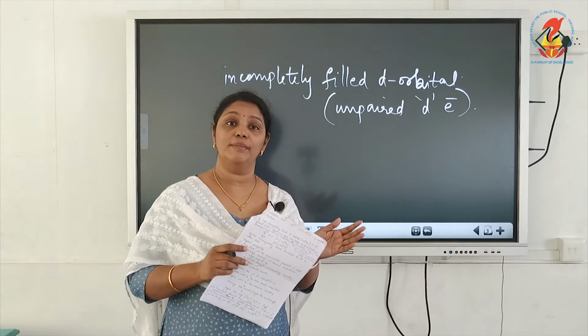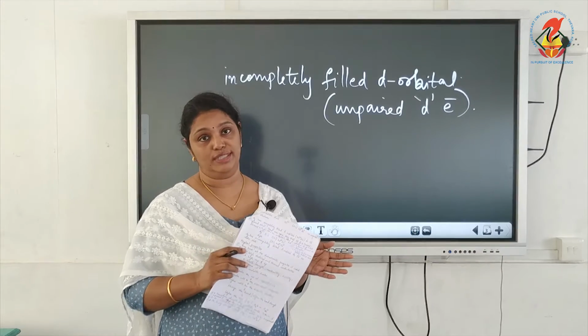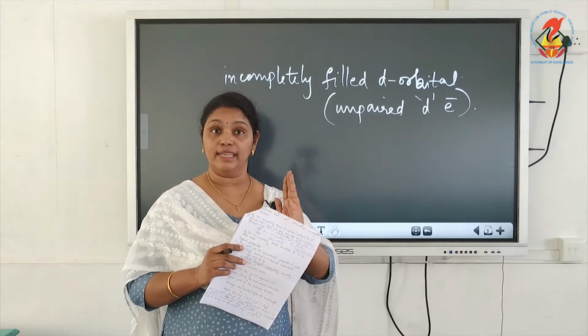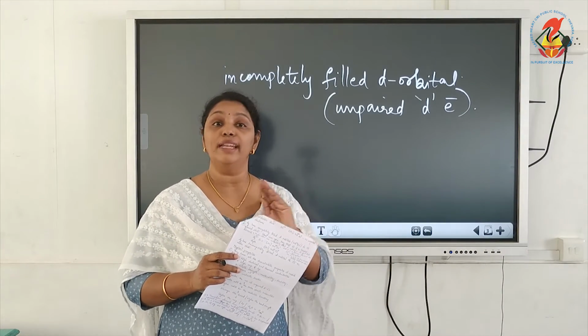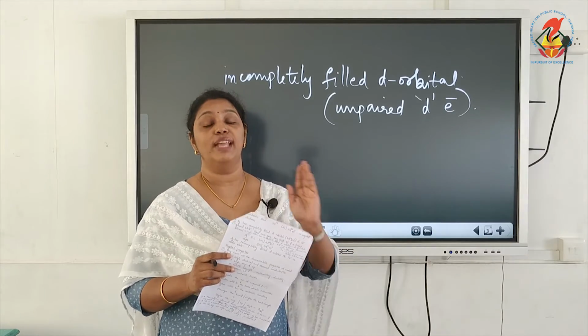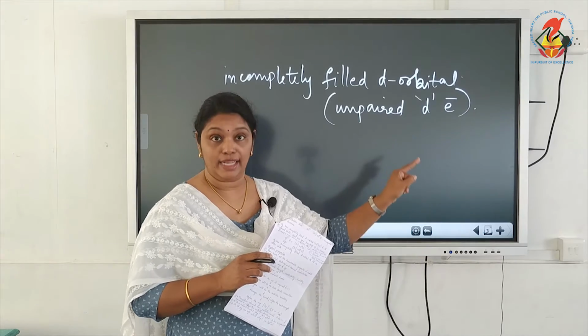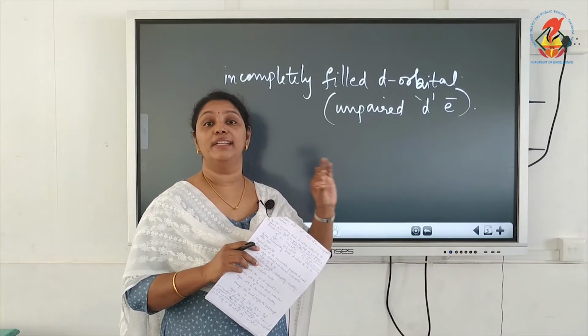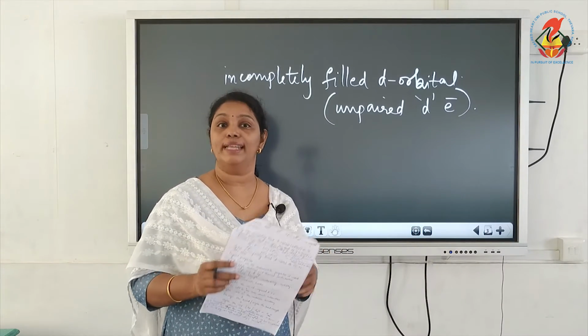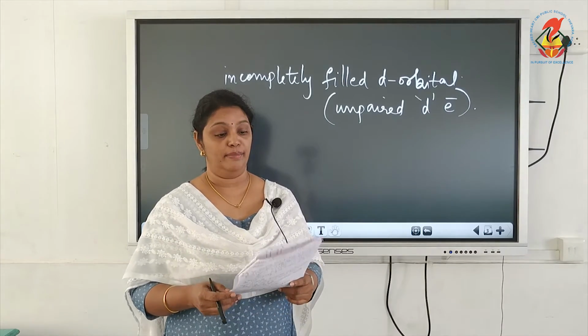Now these transition elements can show a wide range of oxidation states. So either in the ground state or in any of the oxidation states, if the element contains an unpaired d electron, an electron which is unpaired in the d orbital, then we can call that element a transition element.